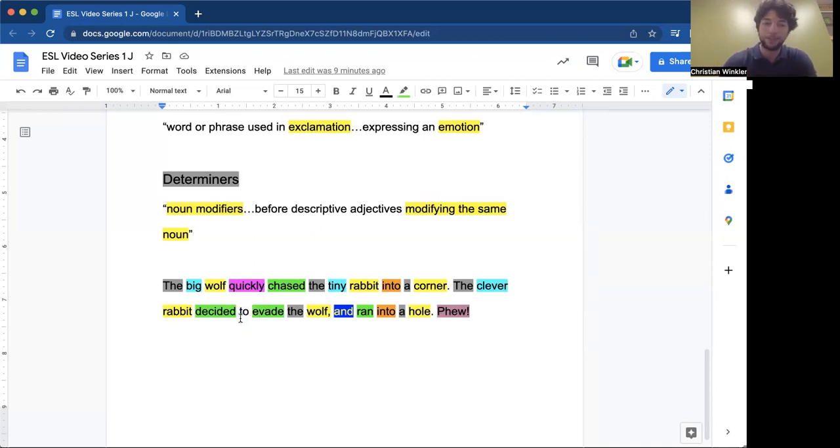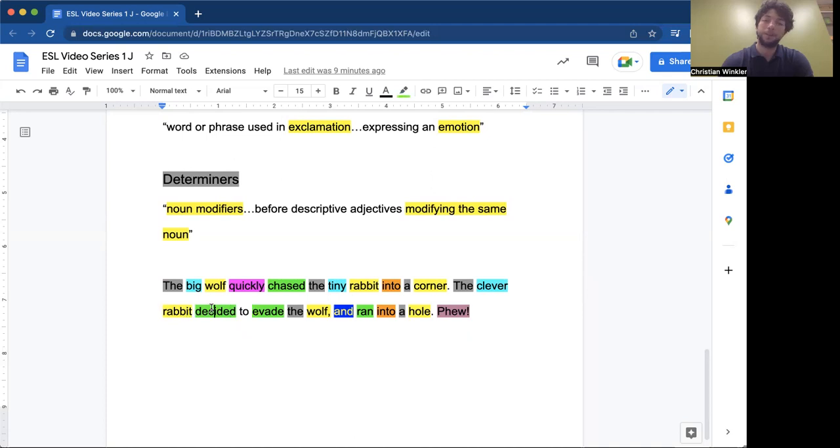Basically just know that it goes with this, and it is here because we have a conjugated verb followed right after by another verb. So decided to evade. We don't want to say the rabbit decided evade. That doesn't quite go.